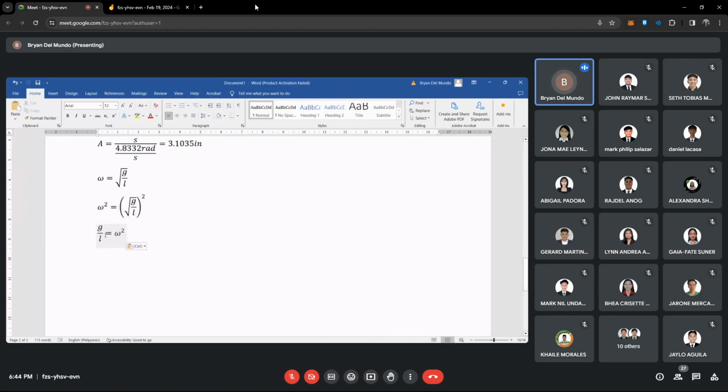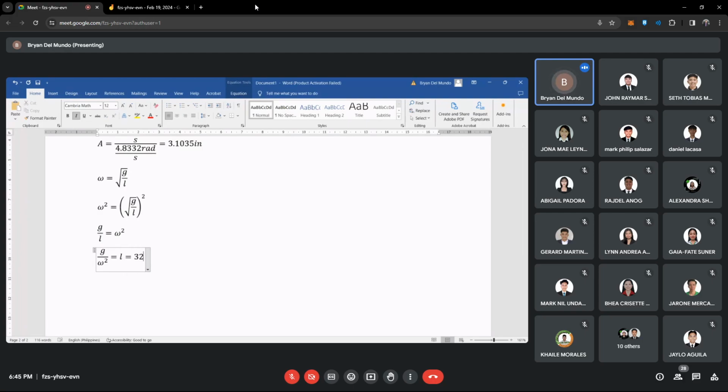And then, so since ang kailangan natin is yung value ng L, so mag-cross multiply lang tayo. So yung omega squared is mapupunta dito sa baba. And then yung L natin is malilipat lang dito. So now we can solve for the value of length. No? So that is also equal to ano yung ating G?